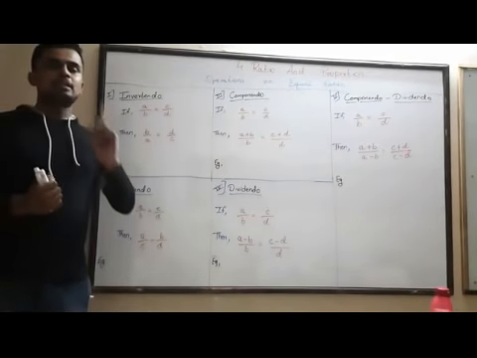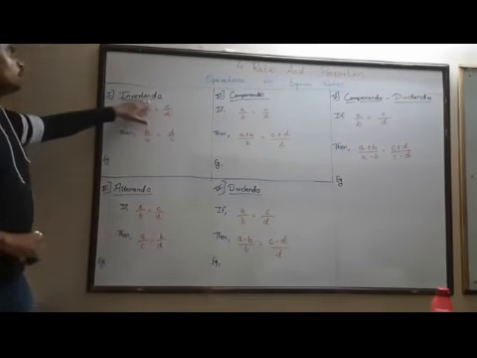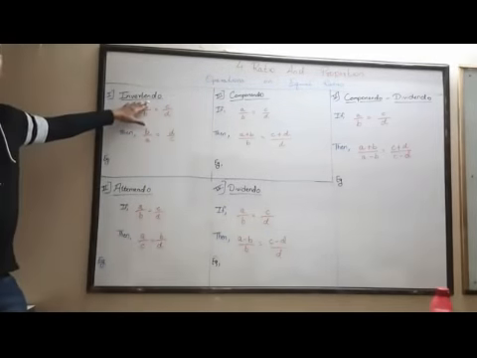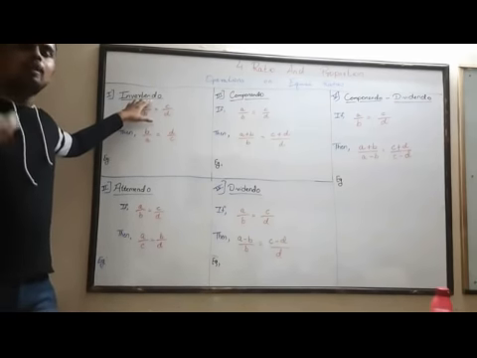The first kind of calculation that we can do on equal ratios is invertendo. The word invertendo has the short word invert, which means we can invert the ratios.